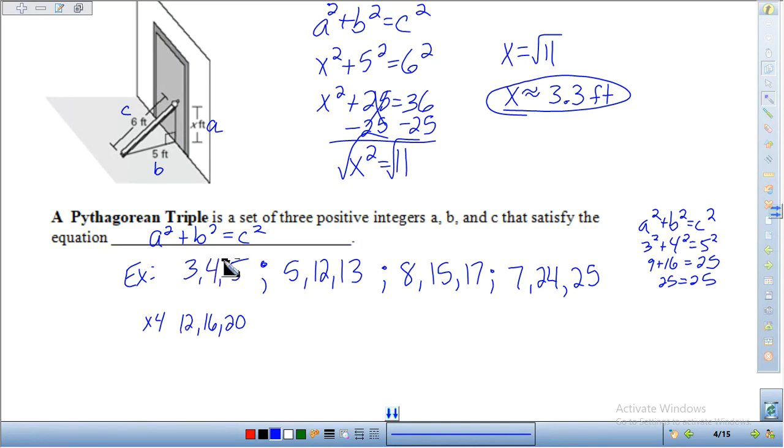So we can create even more triples by multiplying those base triples by other numbers. And again, this is not something that's critical that you have memorized, but it does help you solve problems quicker when you are asked to do like a multi-step problem, or possibly even just to save you some work if you are working through an easier problem.